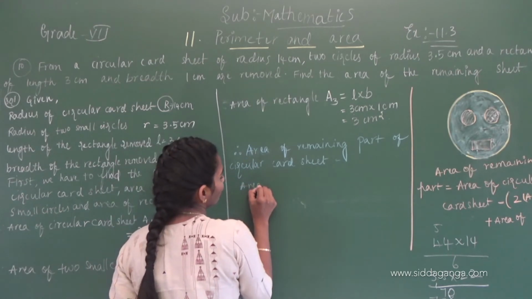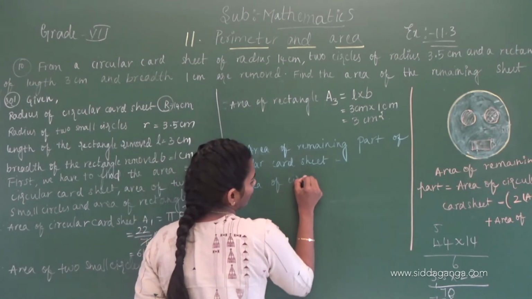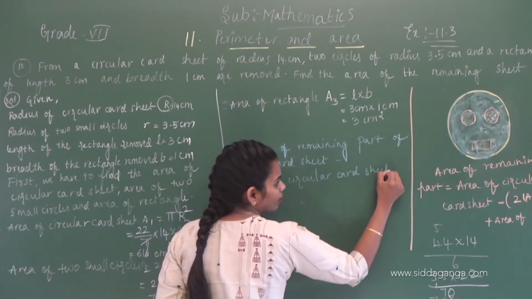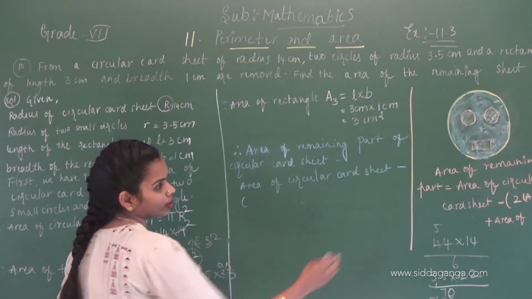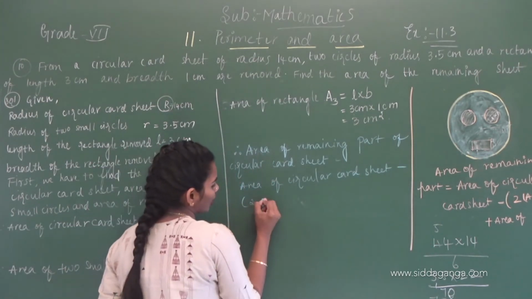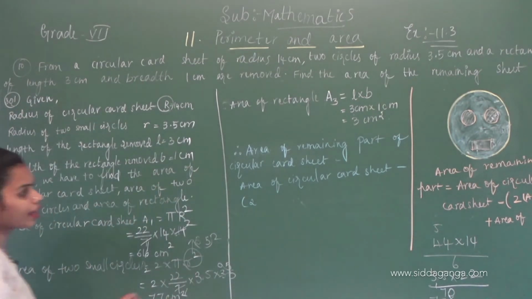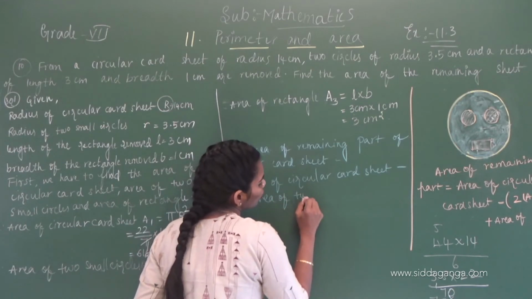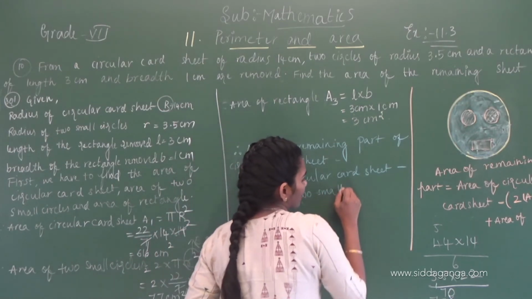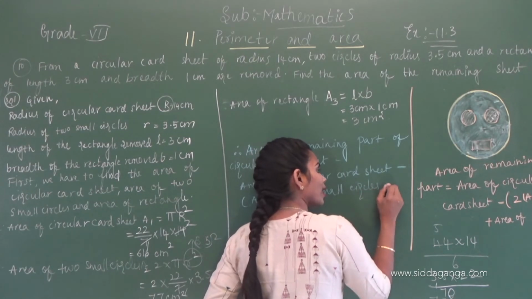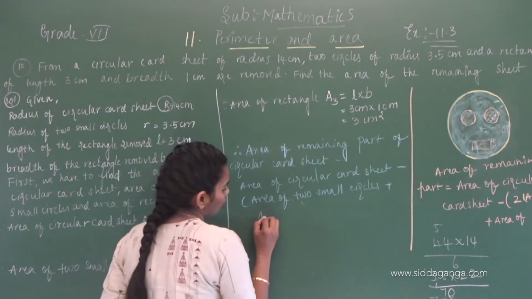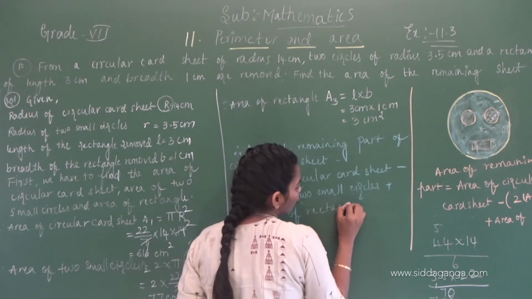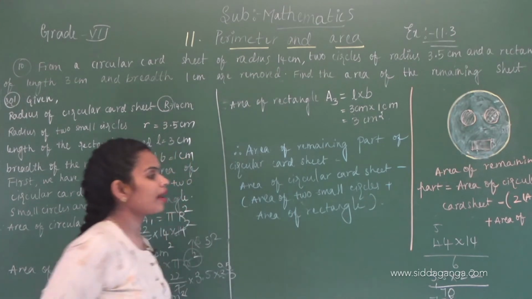Area of circular card sheet minus, this one we have to write, area of 2 small circles plus area of rectangle, area of removed rectangle.